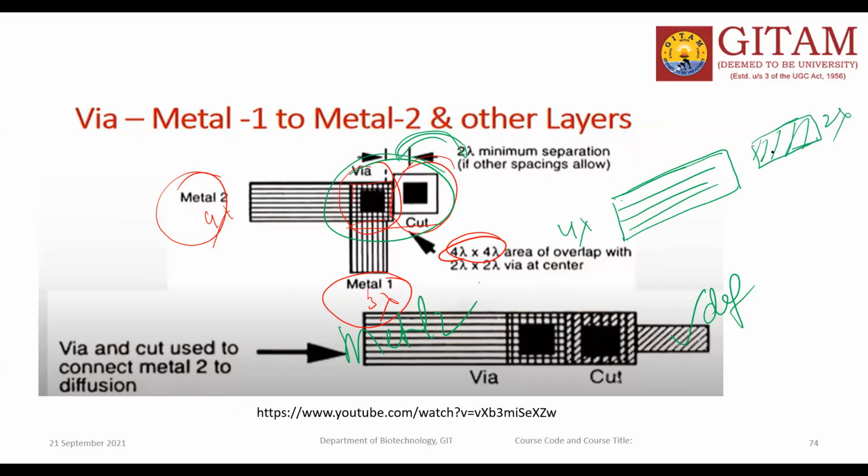Then to join these two, take one metal 1, whose width is 3 lambda, like this. Metal 2 and metal 1 can be joined with a via, and then metal 1 and this diffusion can be joined with the contact cut. So you should have two things here.